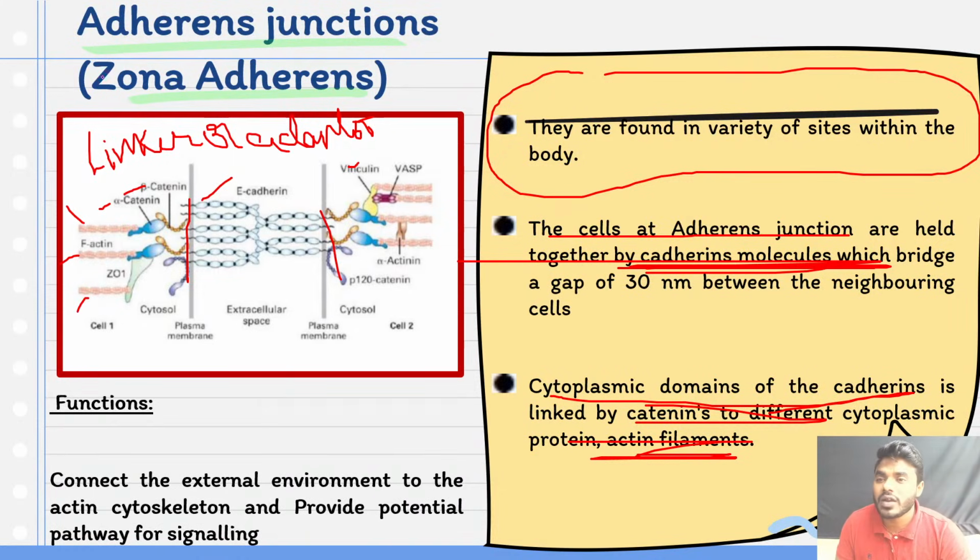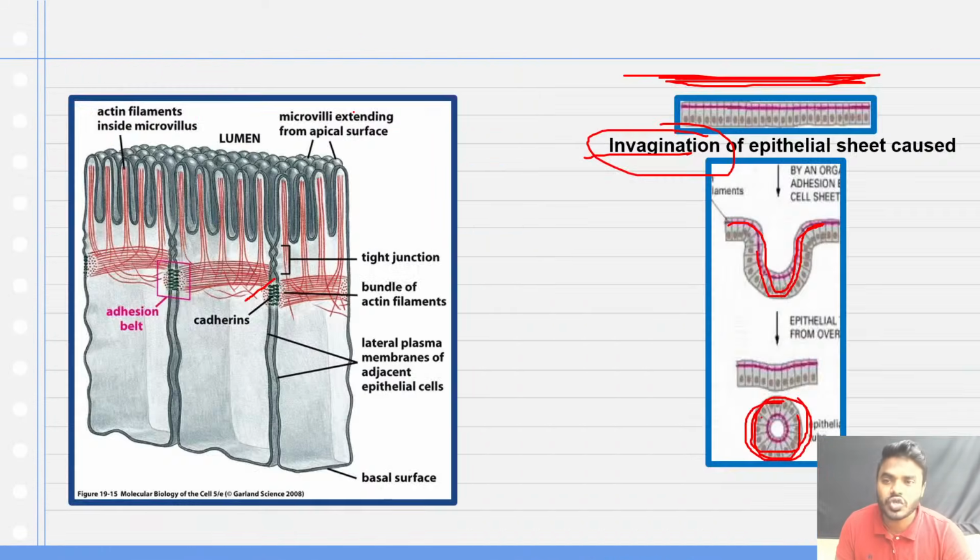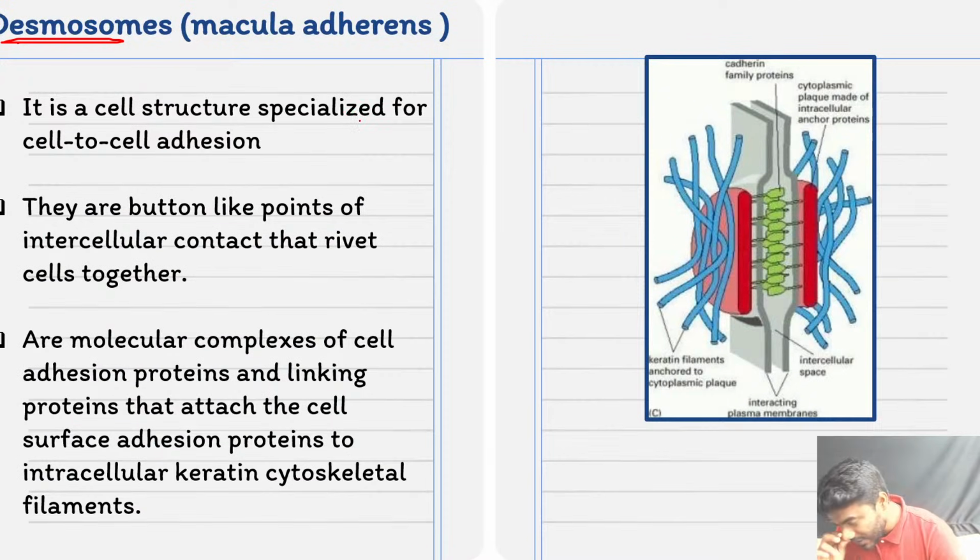Tight junctions we can call zonula occludens. Adherens junctions we can call zonula adherens. And most importantly, desmosomes we will call macula adherens. Kindly do not get confused with this.